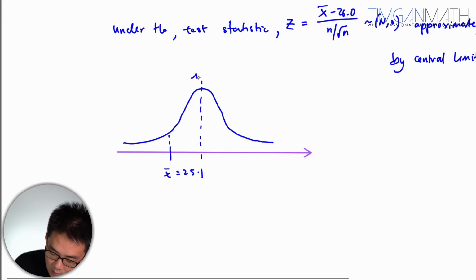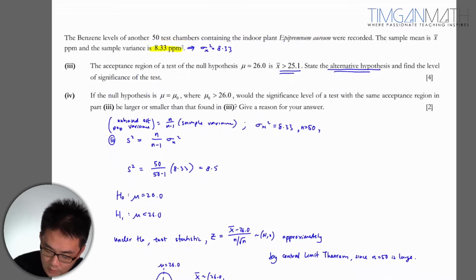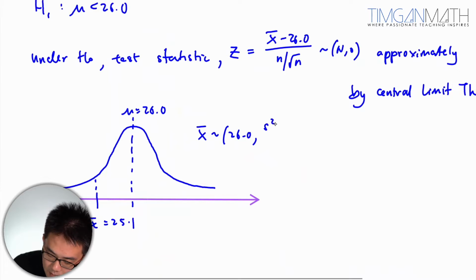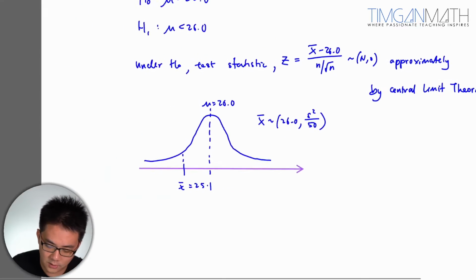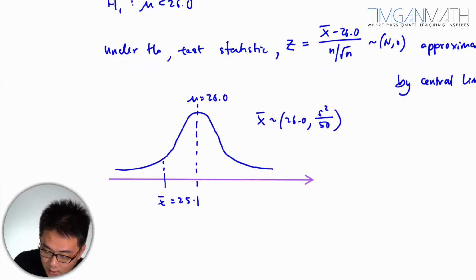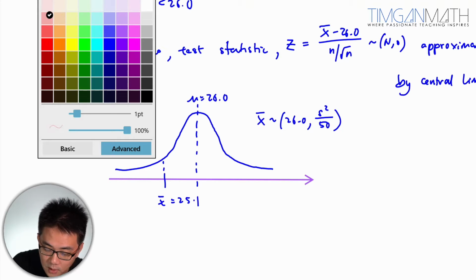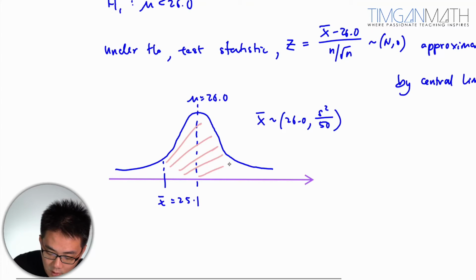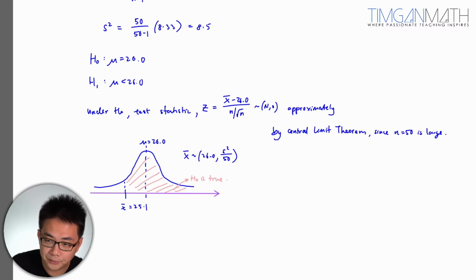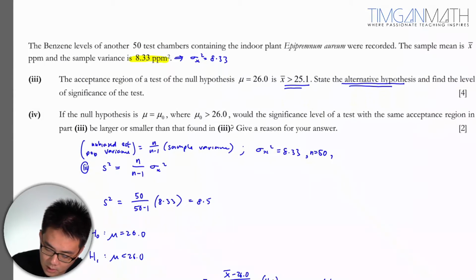This one would be mu equals to 26.0, and x bar is actually equal to 26.0, with variance s squared over 50. So this is when H0 is true, this side here. Then what we want is to find the significance level.